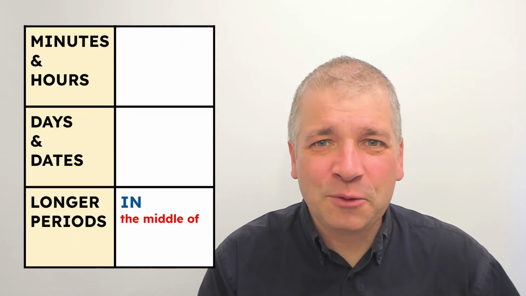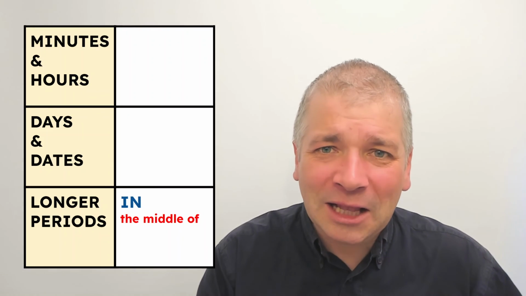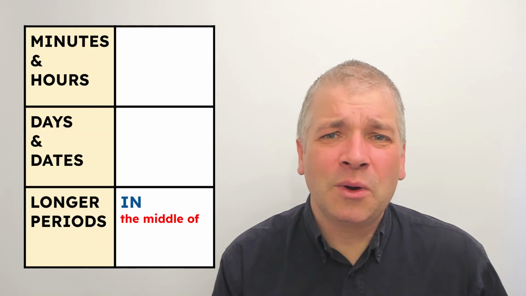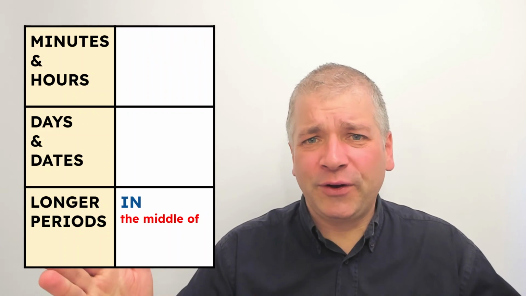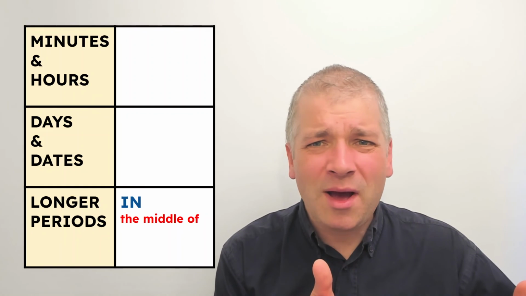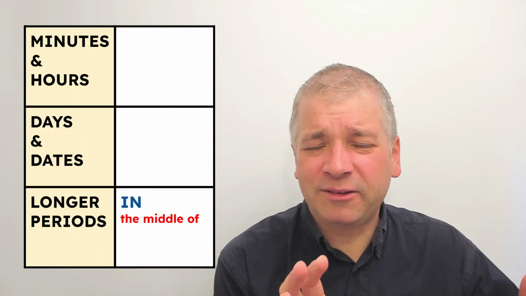There's a few more expressions with in as well I'd like to show you. In the middle of, and this means you have a period of time somewhere around the middle is when we're expecting something to happen.